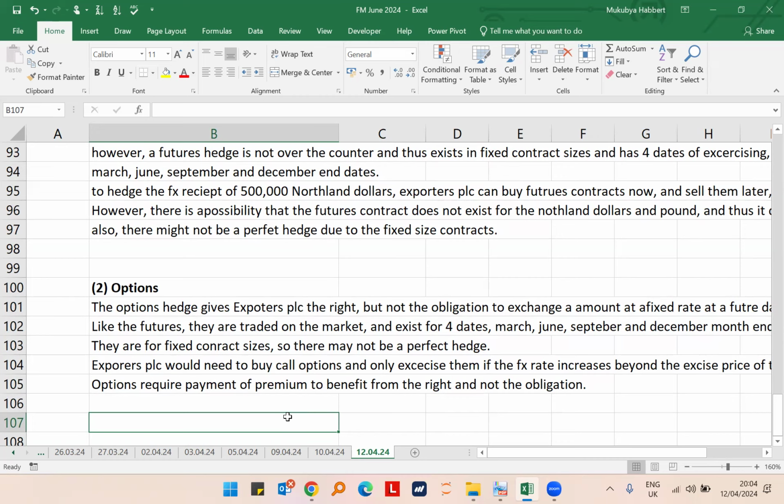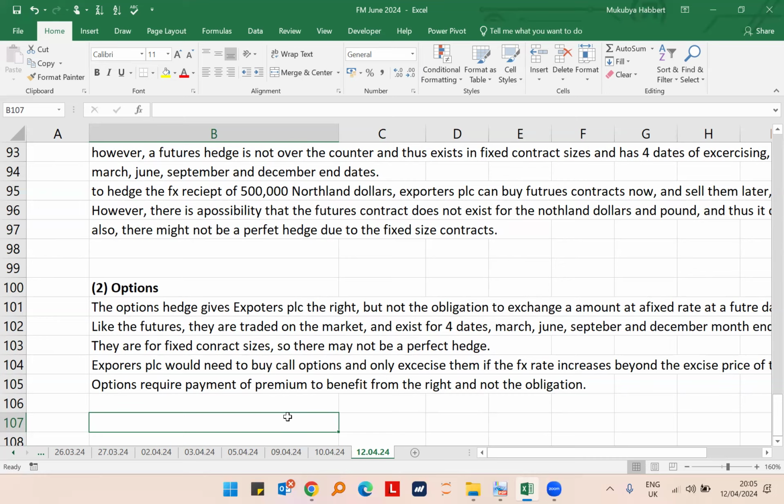Yes. Remember that for forward contracts, you go to the bank and tell them that I need to exchange my money in 5 months, give me a rate to use. That is a forward rate because it is over the counter. But options and futures are on the market, with standard contract sizes, for example 2 million.